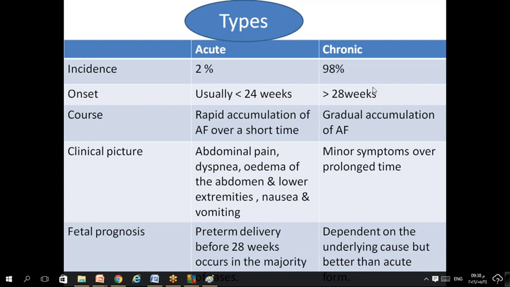From a clinical point of view, sometimes you may suspect diabetes when you find a woman with polyhydramnios. You will do an oral glucose tolerance test and find high glucose values.